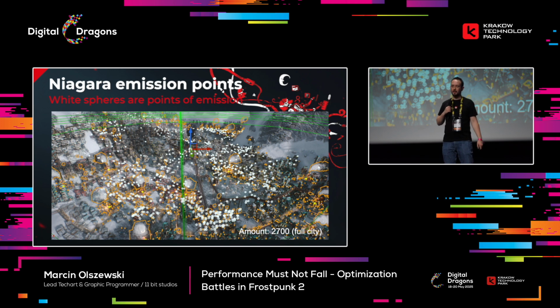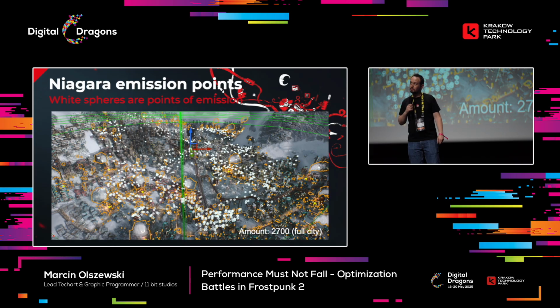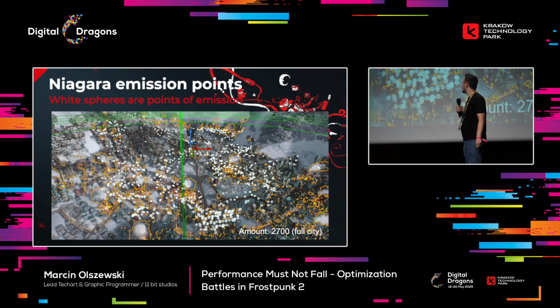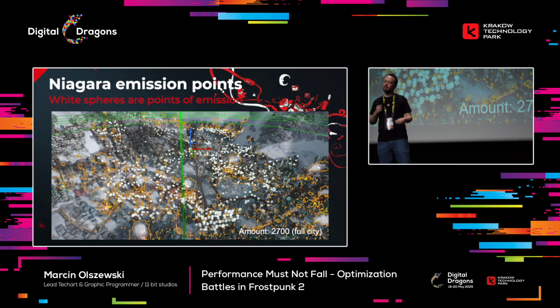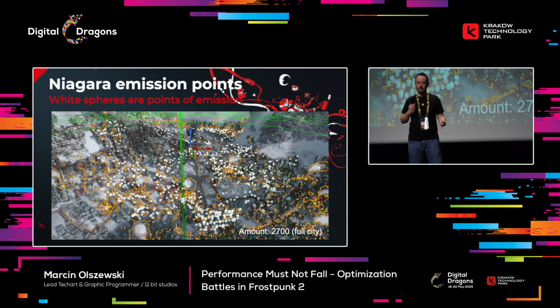Okay, and next thing. I don't know if you were at the presentation from Paweł Harzyński yesterday. He made a presentation about VFX and how to optimize them. And, well, we have a lot of them. I mean, VFXs. Here are around 2,700, but we can have even more. And it's only one city, okay? We also have winds and weathers on Frostland, and everything just costs, okay?